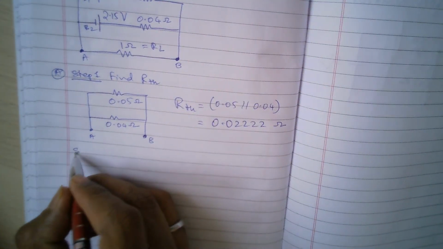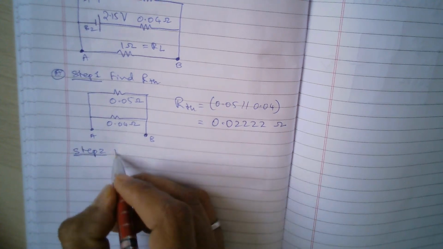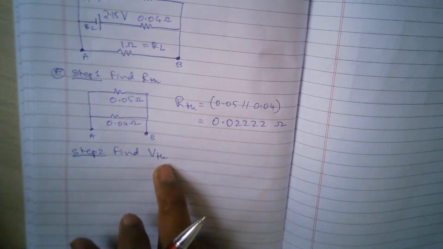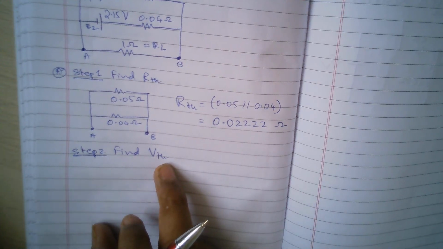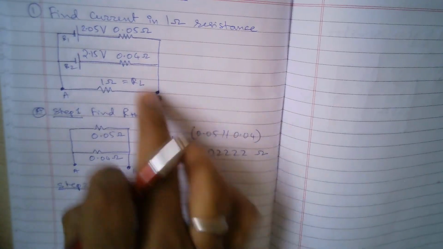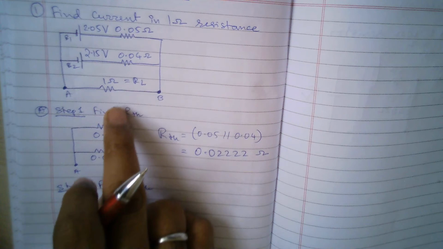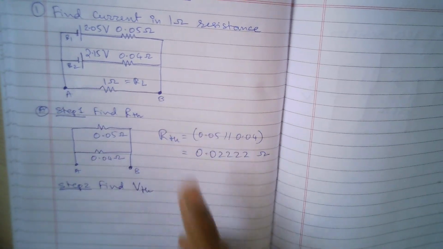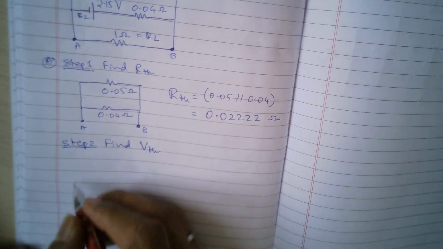Now come to step 2. Find Thevenin's voltage VTH. What is Thevenin's voltage? Introduce all the sources back into the circuit, but still the load resistance is removed, and find the voltage drop VAB. Let me explain that.